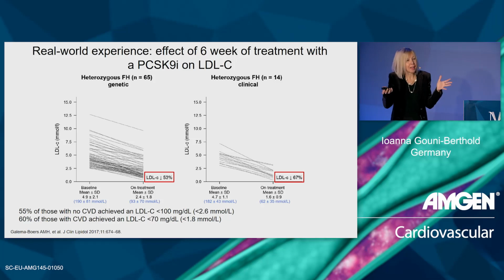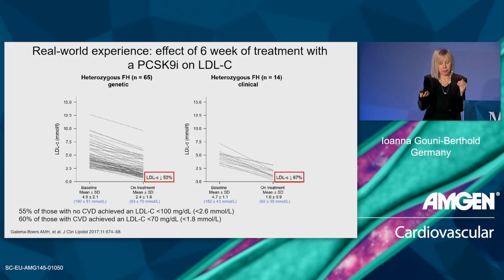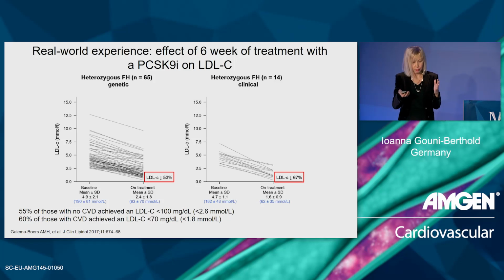And we see exactly what we see in studies. LDL is decreased by 60% in both groups, and 60% of the individuals achieve their targets. Remember, until now we're talking about 5%, and now we're having 60% reaching their targets.